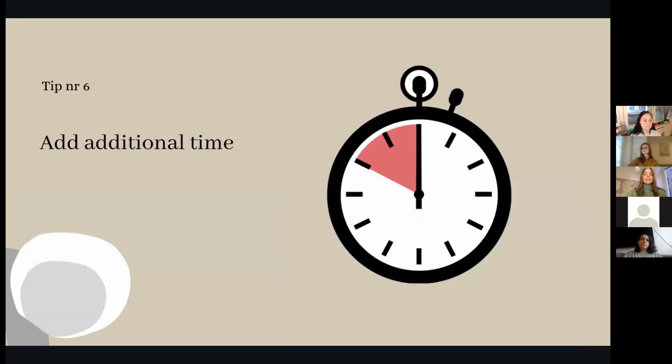Tip number 6 is to add additional time. We are testing with users on our products every other week, and the user script is quite packed.